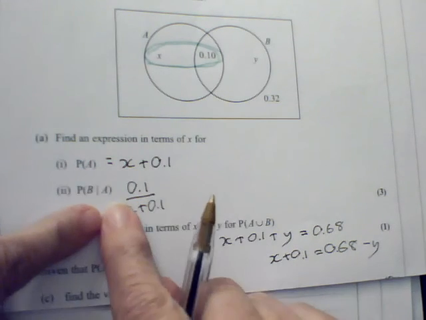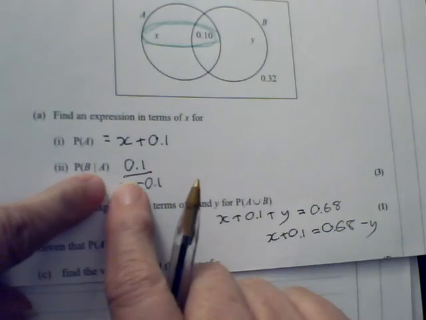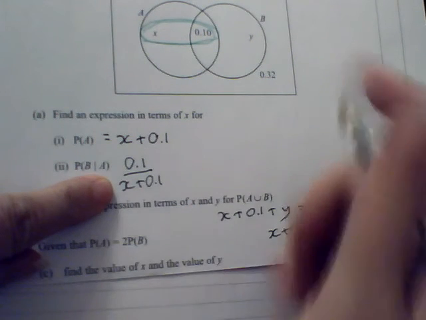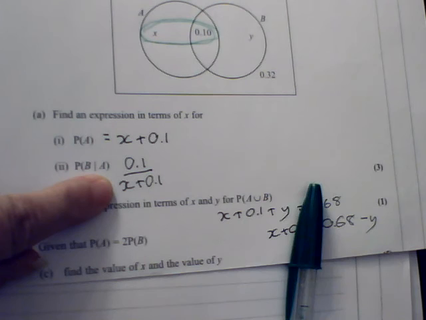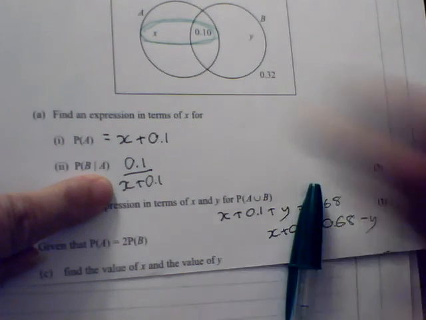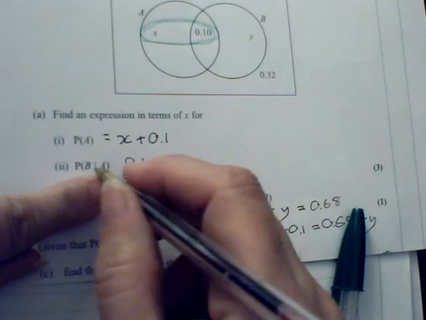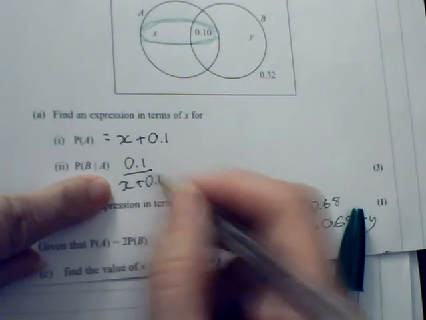Okay. And the probability of B, given that it's in A. Let me find a different colour pen. Given that it's an A, we always write down the probability of the given A at the bottom of the fraction.